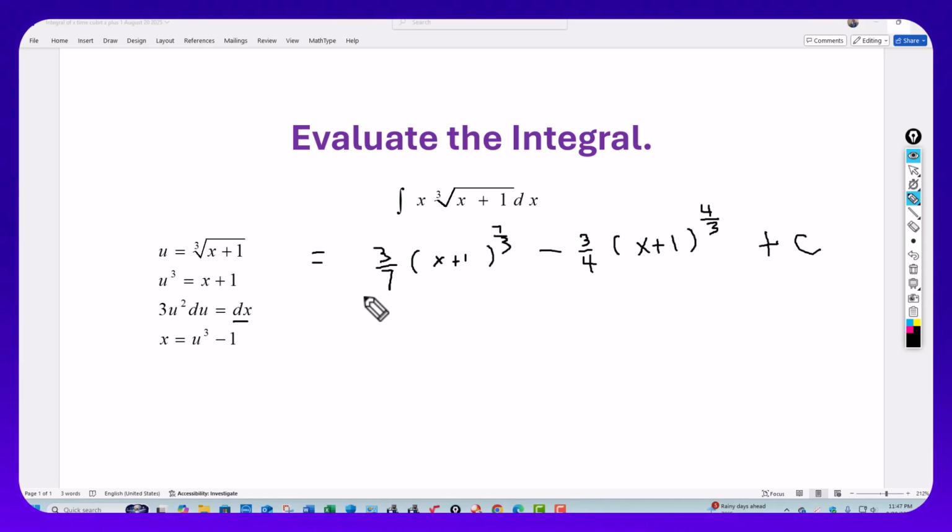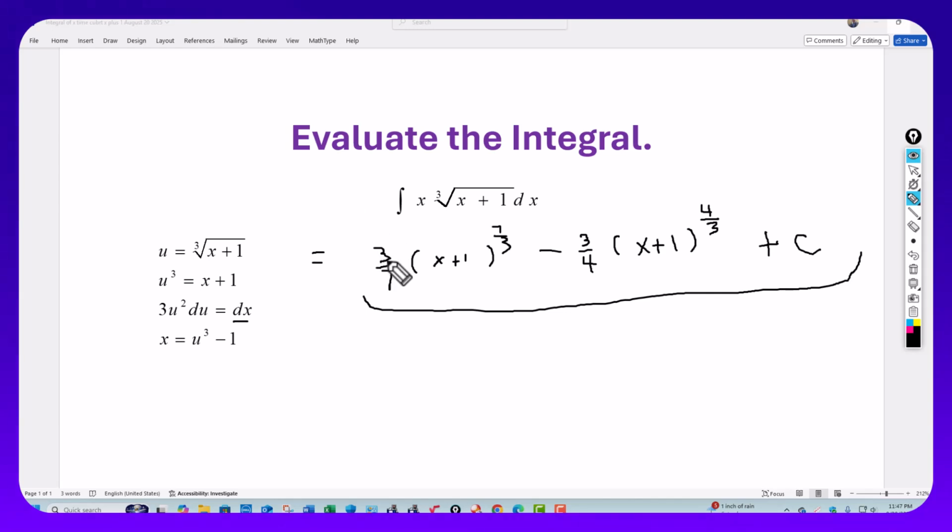Now, if you're in a hurry, taking a test or whatever, I know I would just leave the answer like that. As long as you have it in terms of the original variable, don't leave it in terms of u or whatever variable you're using for the substitution.